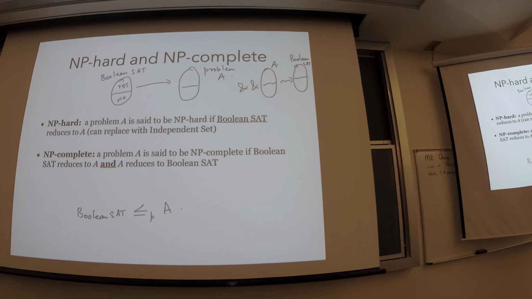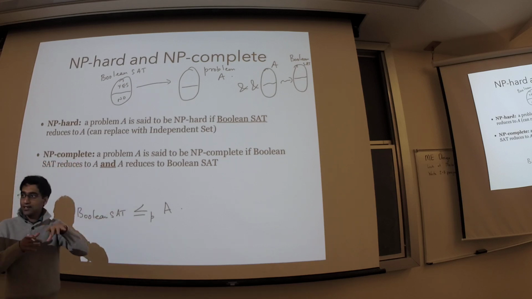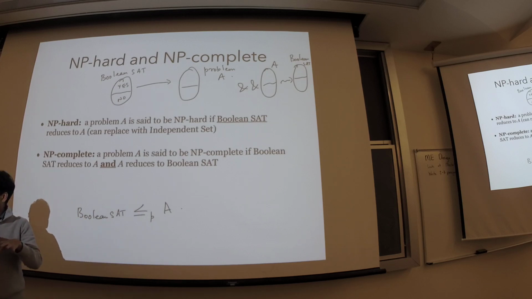Can you say, for example, NP complete is an optimization problem, NP hard is a decision problem? No, both are referring to decision problems. Throughout we are referring to NP as decision problems. NP hard can include problems that are strictly harder than Boolean SAT, like games and so on. NP complete are problems where they are equally hard, so things like independent set fall into NP complete.